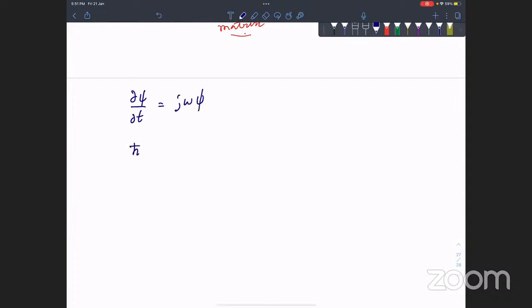This implies that ħ by j into ∂/∂t is equal to ħω times psi. Nothing but E times psi, right?